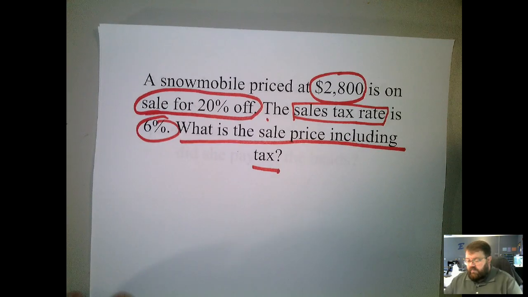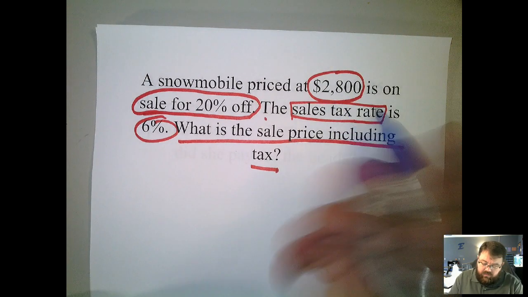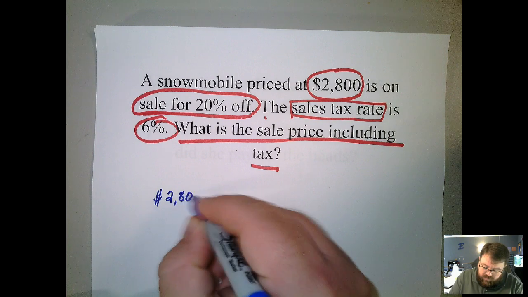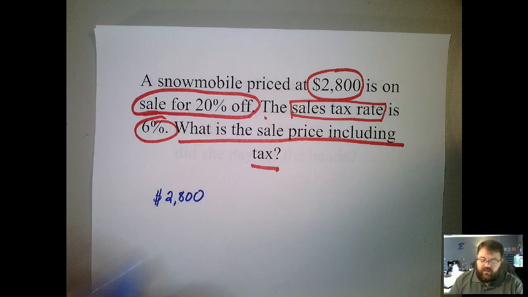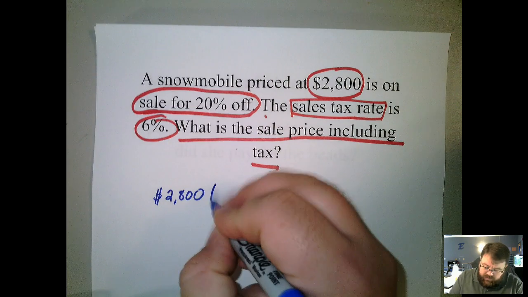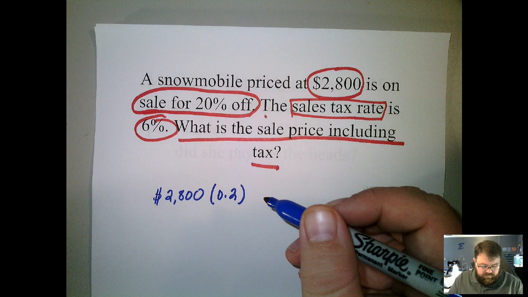Okay, so we've got a couple of things that we have to do here. First thing I'm going to do is calculate the sales price, because that is what I'm going to pay taxes on. All right, so I'm going to take $2,800. I see that it's 20% off, so I'm going to multiply this by 0.2, okay?